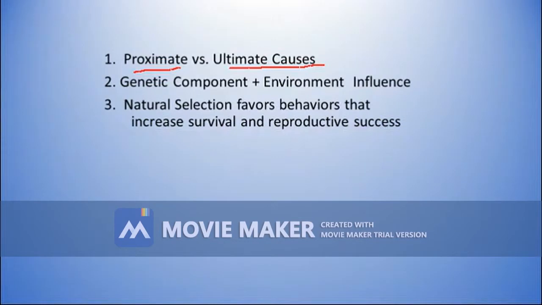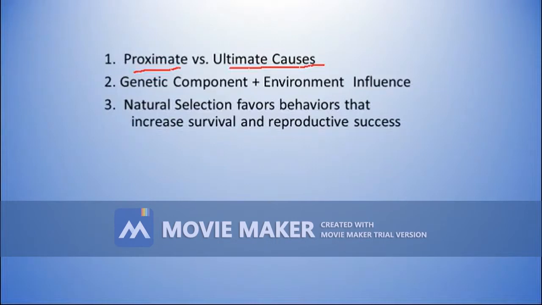In case of animal behavior, you can say the proximate causation means biological function in terms of immediate physiological or environmental factors, whereas ultimate causation explains traits in terms of evolutionary forces acting on them.